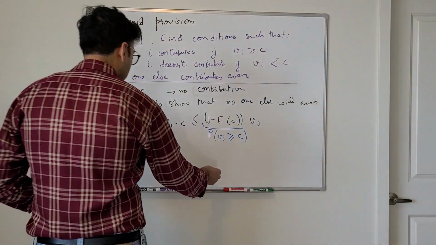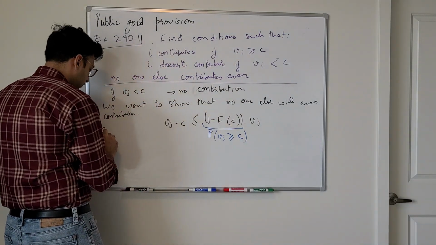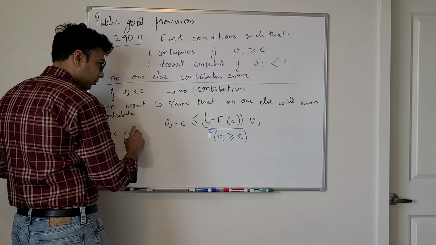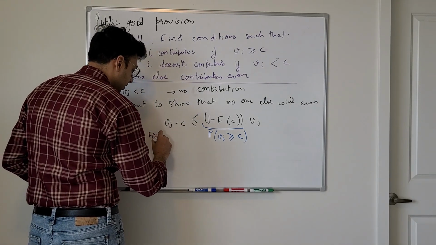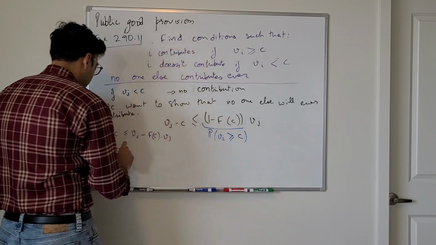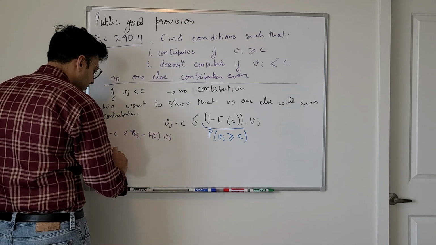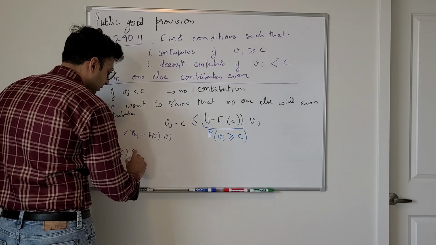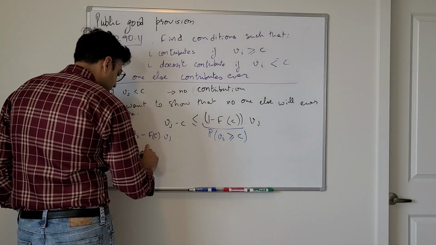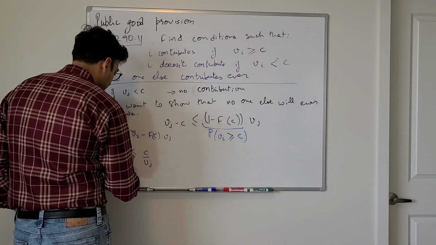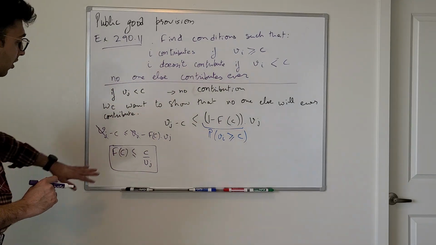So for this to hold, if we just simplify this a little bit, we get Vj minus C is less than or equal to Vj minus f of C times Vj, which further, we can just get rid of these two Vj's here, and that simplifies to f of C is less than or equal to C divided by Vj.